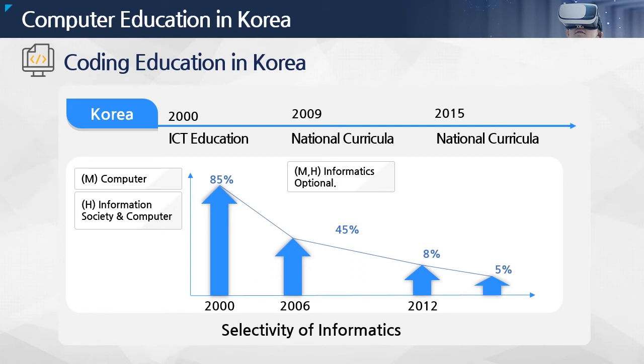Most schools would choose not to teach information science until the country reactivated information education in 2015. This is because existing information education in Korea focused on the use of application programs rather than computing and coding abilities.